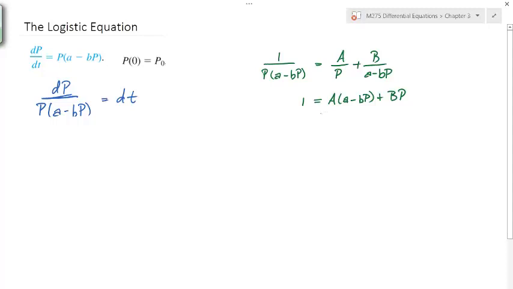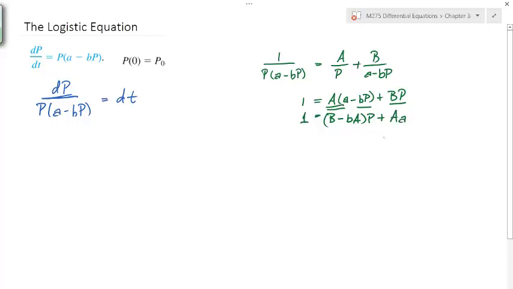And if we sort this out, we get all the terms with a p in it, and this is being multiplied by p. So I will call this capital B minus little b times capital A, and this is multiplied times p. And then what we have left is the constant capital A times little a.